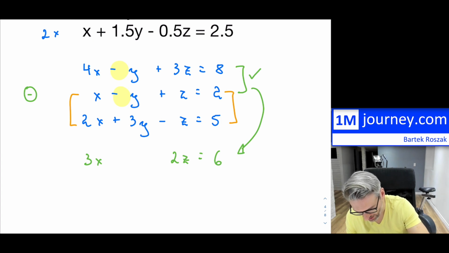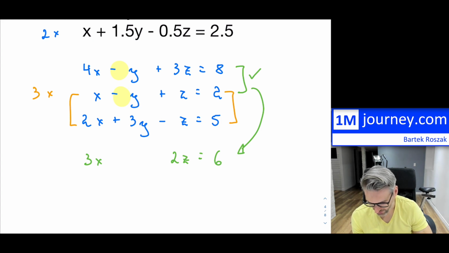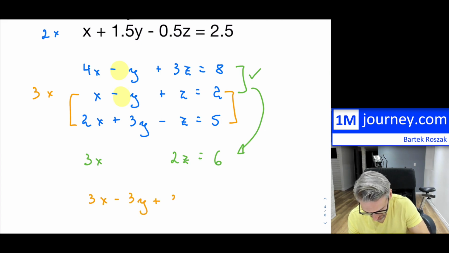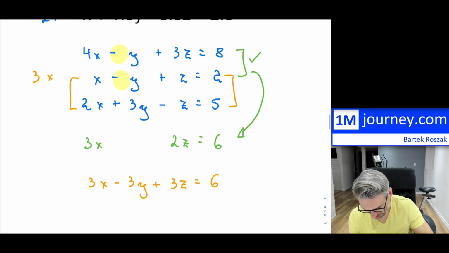In order to do that, let me just erase this. I'll multiply this by, sorry, not by 2, by 3, only because I want to get rid of that y. So this gives me 3x minus 3y plus 3z is equal to 6. That's the first one, and here I don't have to change anything: 3y minus z is equal to 5.